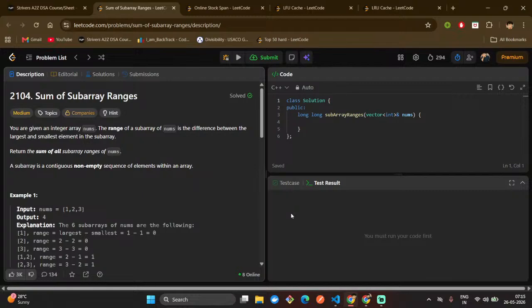Here, nothing next. Here, next one. And next one.